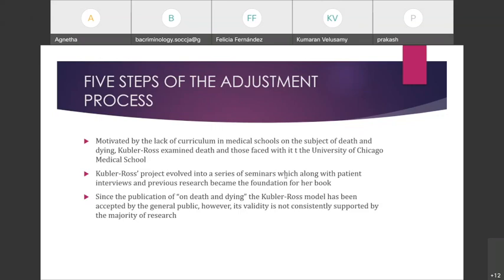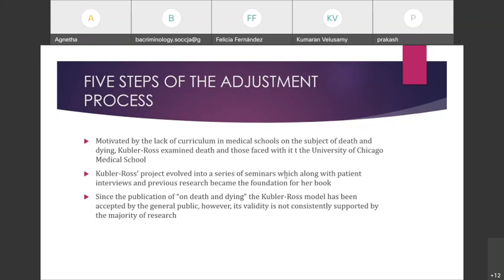Okay, so there was a person, her name was Kubler Ross. She was motivated because there was a lack of curriculum in medical schools on the subject of death and dying. The main aim of a medical practitioner is to save people's lives.